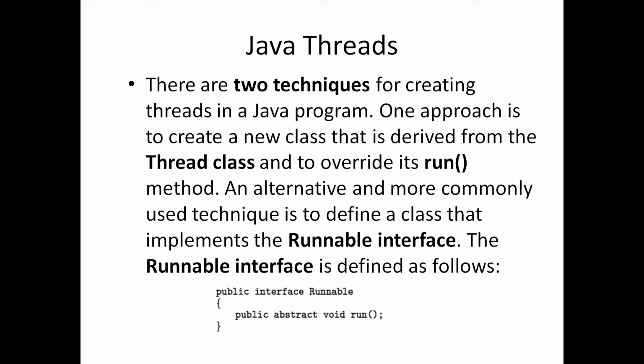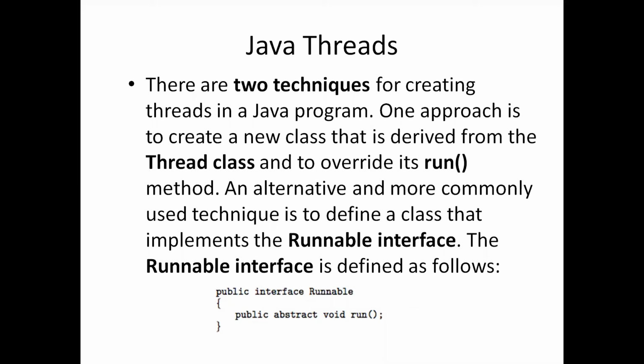Then we have an alternative and more commonly used technique, which is to define a class that implements the Runnable interface. Define a Java class which will implement the Runnable interface. Here the name of the interface is Runnable, and to use that Runnable interface we use the keyword called implements.